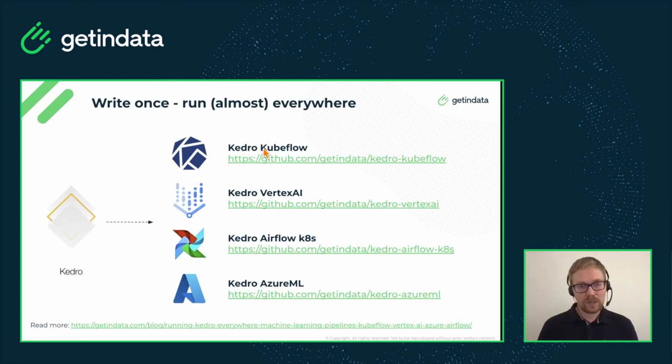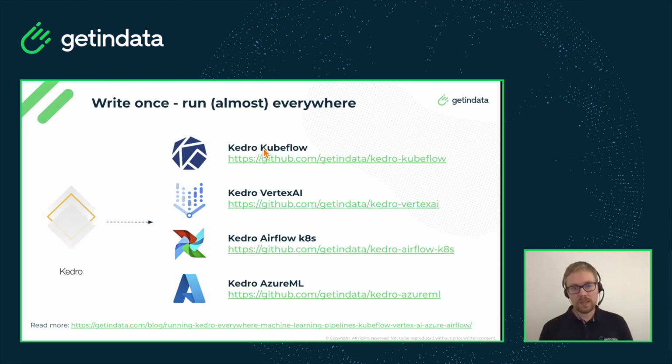And here is our contribution to the open source community, because we at GetInData created a series of plugins which translate the local Kedro pipeline to be ready to run on multiple cloud providers.